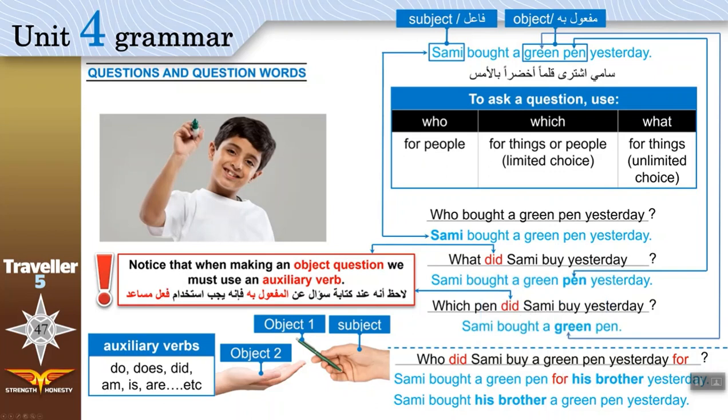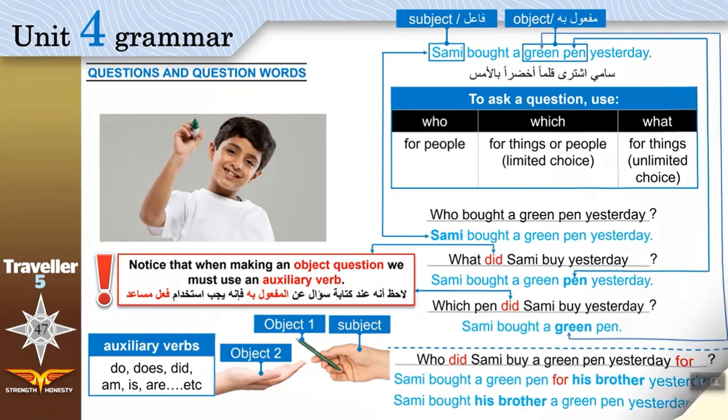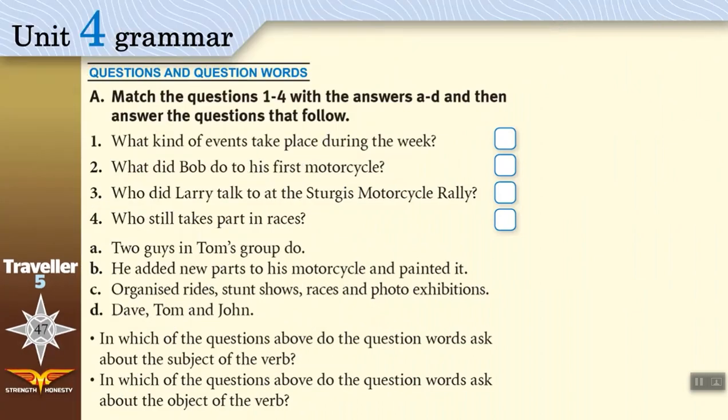Okay, now we have finished our lesson today, but I want you to go to the questions in the grammar workbook, page 35. Here are the questions and the answers.